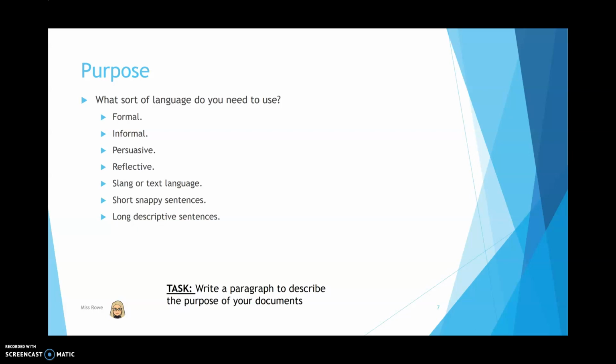Is it going to be a bit informal? Because if you're talking to people via, say, Instagram, Snapchat, social media, you might want to make it sound a bit cooler rather than using long descriptive sentences. You might want to be snappy and think about what's going to bring in the people between 18 and 30.